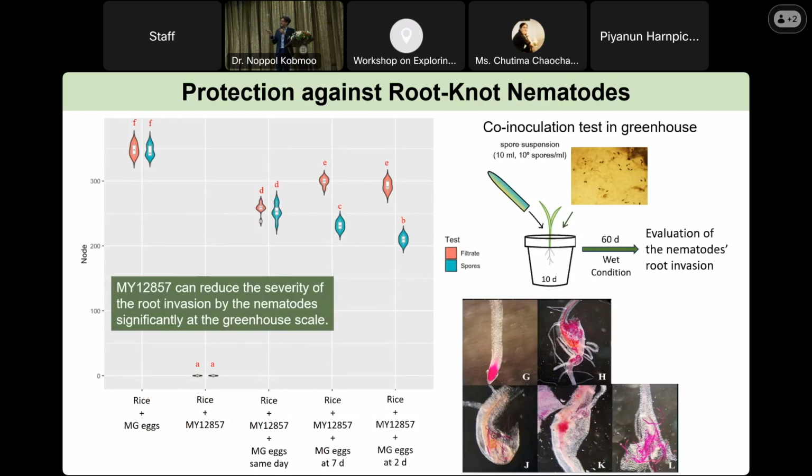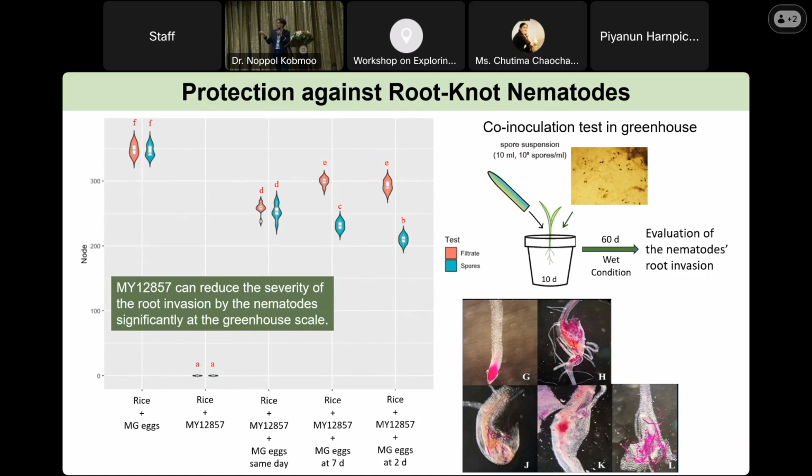And here we take that candidate strain to make more tests at greenhouse scale by co-inoculating it with nematode eggs, and then letting them go for 2 months, and then evaluating the severity of the root knot disease by counting the number of knots formed by the nematodes on the roots. And we can see that this is the control, which did not receive any fungal inoculation.